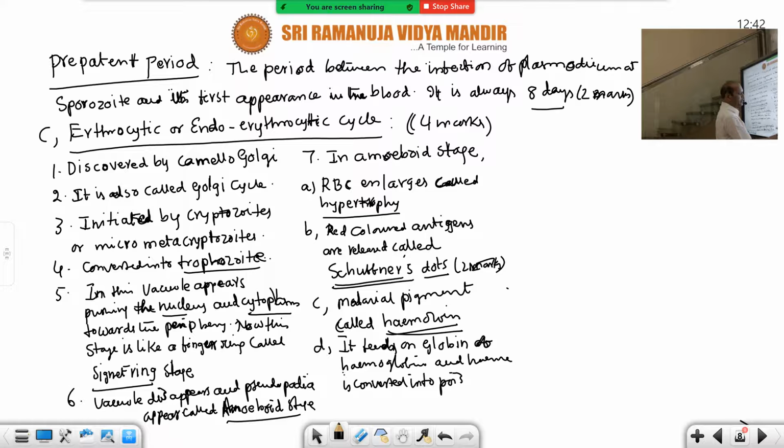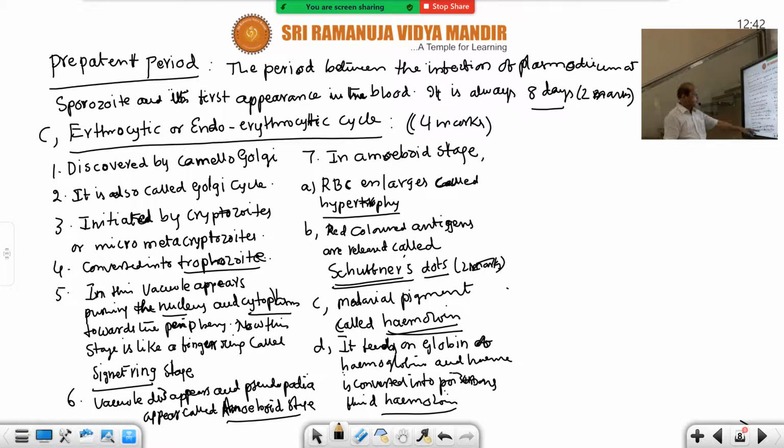That is called malarial pigment, hemozoin. So how these events occur, don't forget to write it. These are all happening in the amoeboid stage.